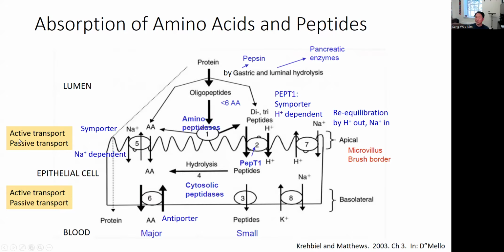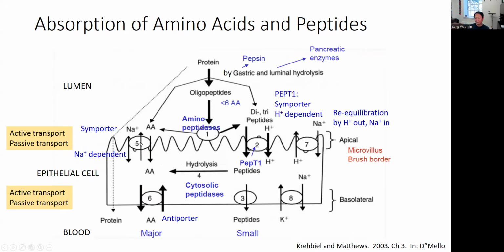So it can be either active transport or passive transport, depending on the systems and depending on the amino acids. On the other side, the basolateral membrane, there will be another set of transporters waiting for this amino acid to move from the cytosol of the enterocyte to the systemic circulation, and this is mainly an antiporter, whereas at the apical membrane, the main one is the symporter.